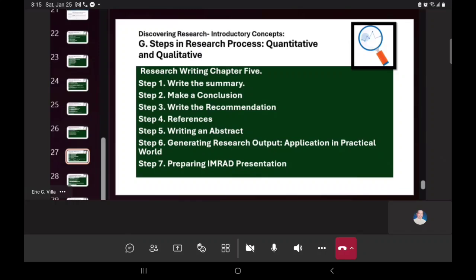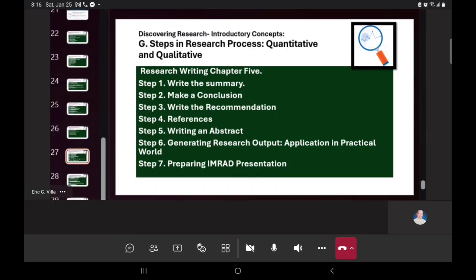Next is step 6, which is the practical application. This step focuses on translating research findings into real-world applications, wherein we identify practical implementations, develop action plans, create guidelines for practitioners, and establish implementation frameworks.